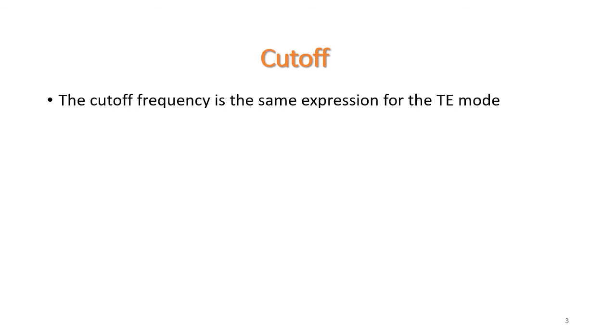The expression for cutoff frequency is fc, or fcmn, equal to c by 2 under root of (m by a) square plus (n by b) square. So what are m and n? M and n stand for the number of half cycles along the x-axis and y-axis.